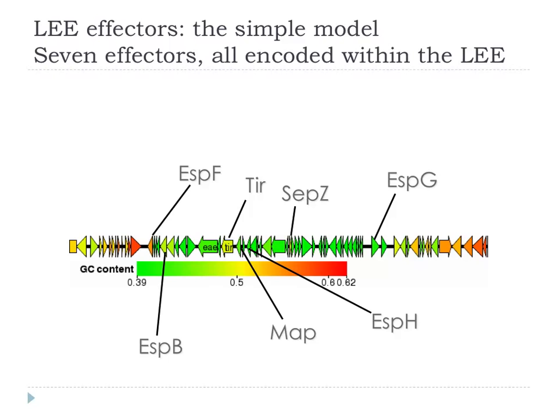There's an assumption that has grown up over the years with the definition of pathogenicity islands, this idea that a pathogenicity island comes in and gives a bacterium a quantum leap up to a new virulence phenotype. And the assumption was that the LEE would come in and do that to E. coli. Implicit in that assumption was that it was self-contained. It was just doing its own thing, and had everything it needed to do that job.